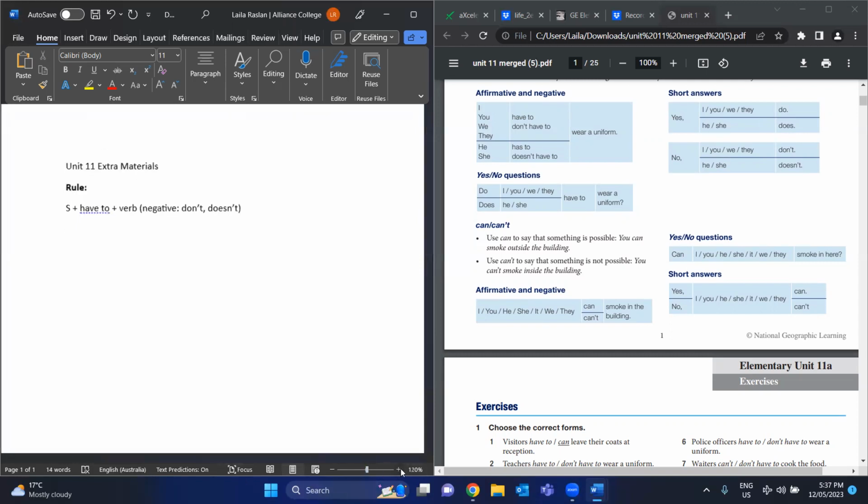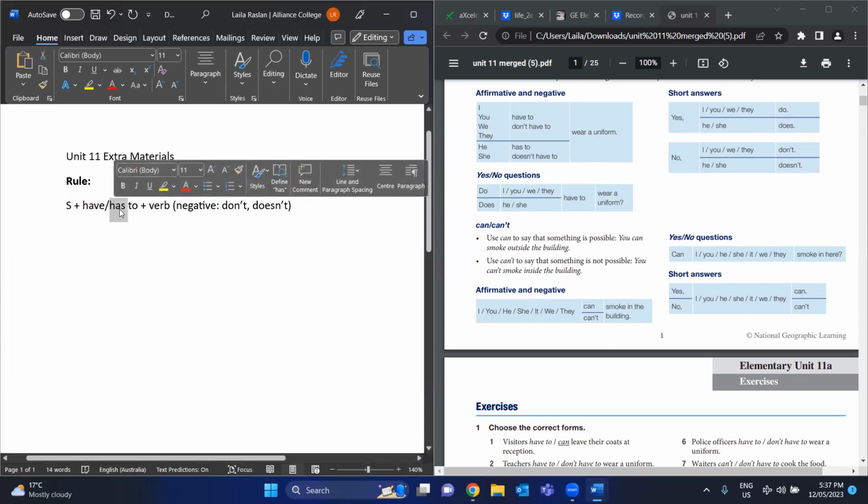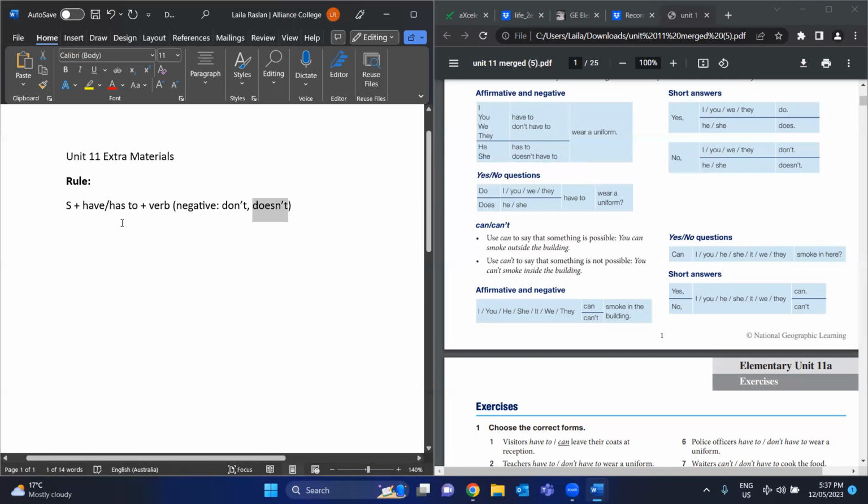So for the normal sentence, I have to, you have to, he has to, she has to. Sorry, he, she, it has to. And then for the negative, he, she, it doesn't. So maybe I'll separate it by writing he, she, it.